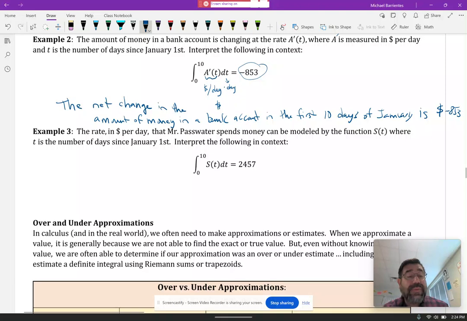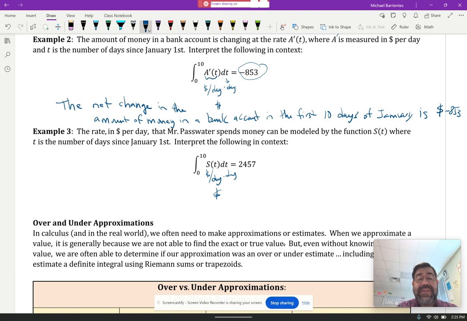However, when I look at example 3, it says the rate in money per day that Mr. Passwater spends can be modeled by the function s of t, where t is the number of days since January 1st. Can you interpret the definite integral statement? Well, here again, s of t is measured in dollars per day, dt is measured in days, so the days are going to cancel.